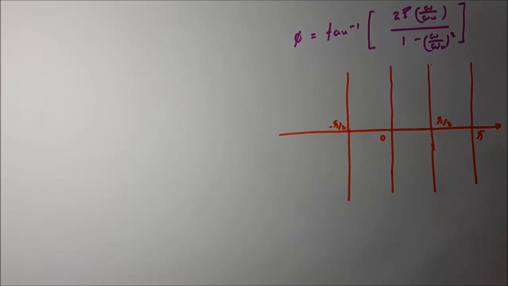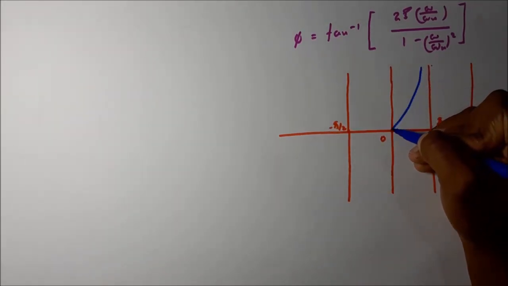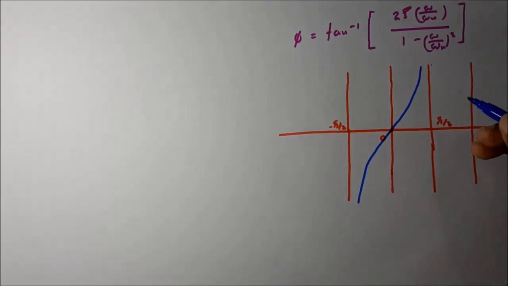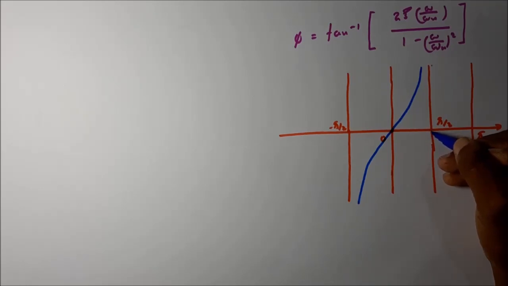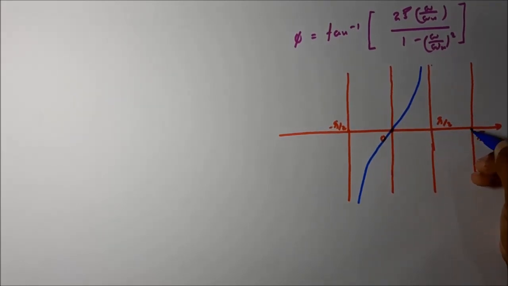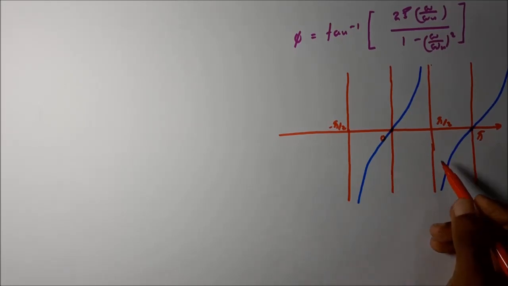Then what is the shape of this curve? Something like this, starting from the vertical asymptote, from here. This is how the tan graph looks.